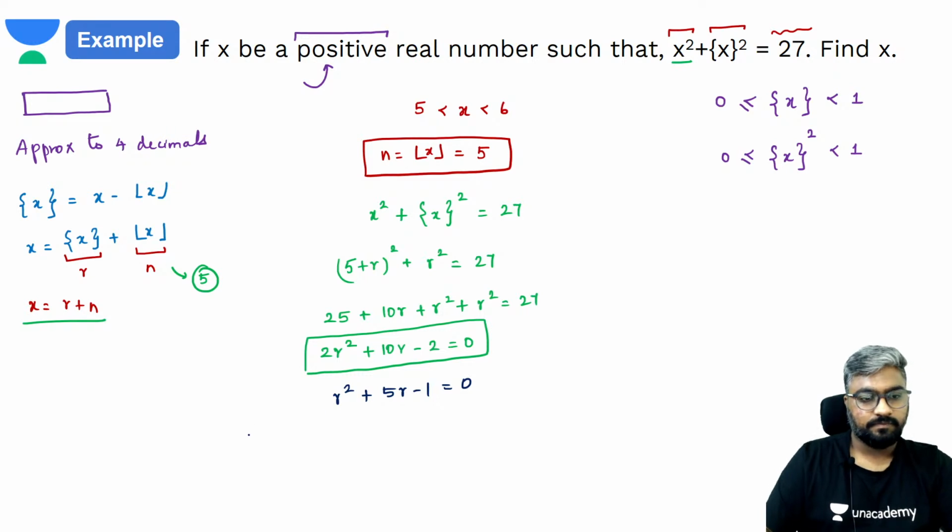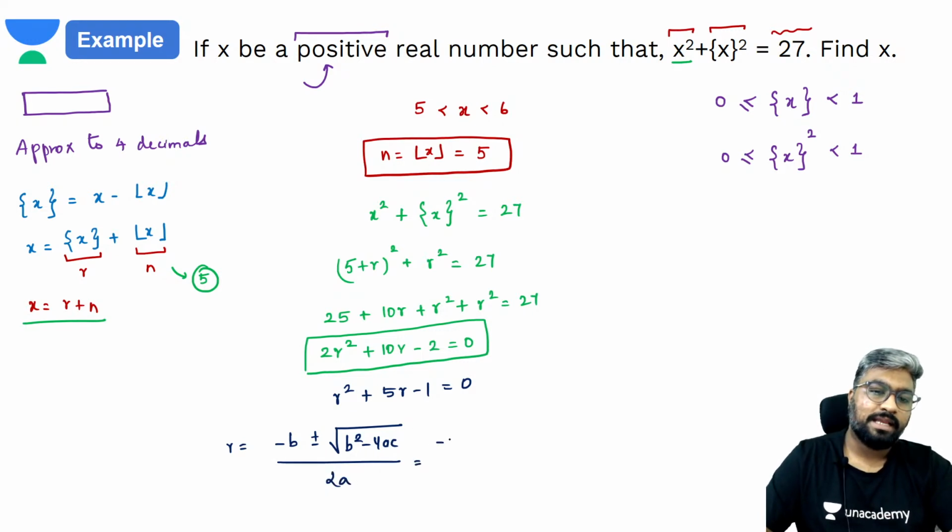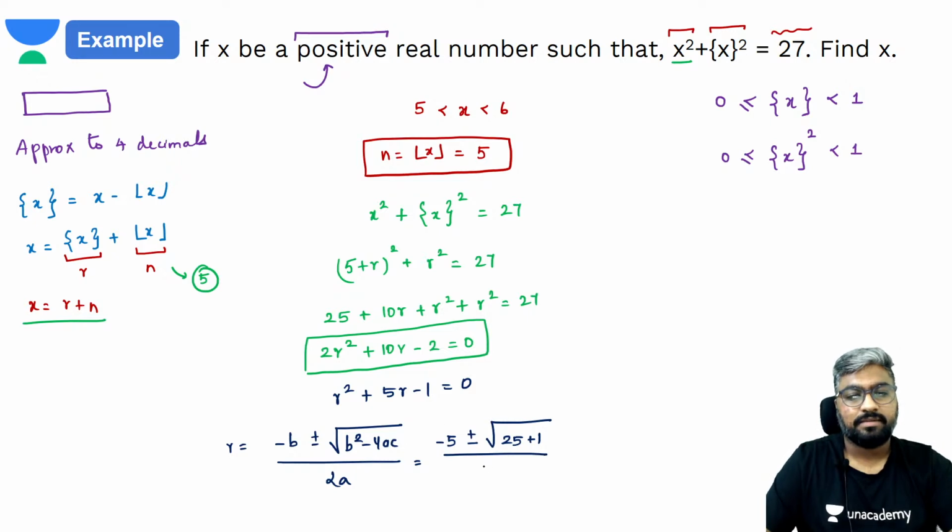So what can the value of r be? Minus b plus or minus under root b square minus 4ac by 2a, which is what? Minus 5 plus or minus under root b square 25 minus 4 times a times c is plus 1, by 2 times a, that is 2.